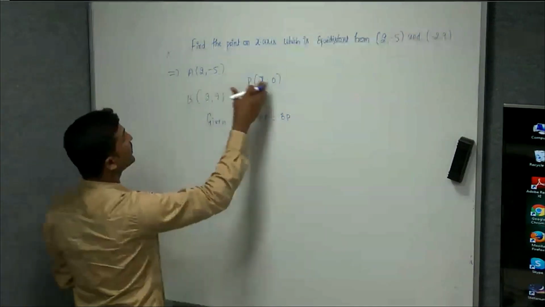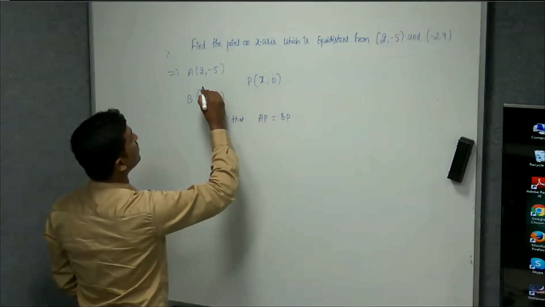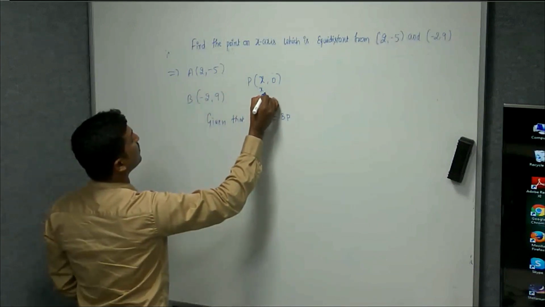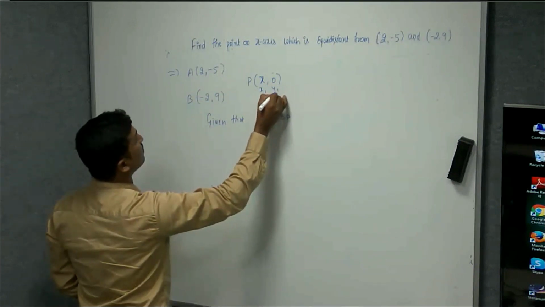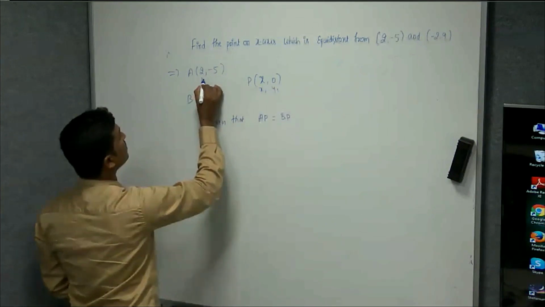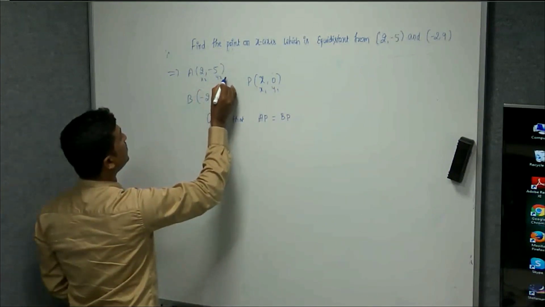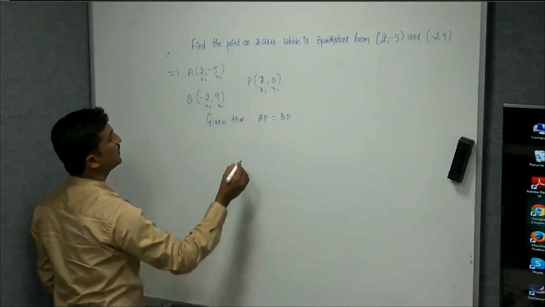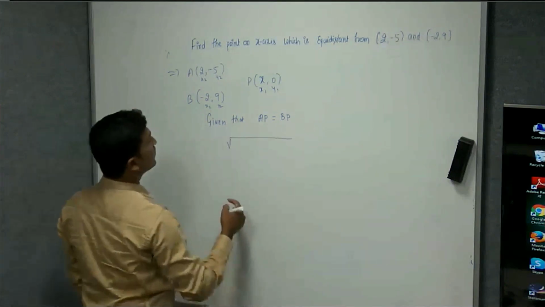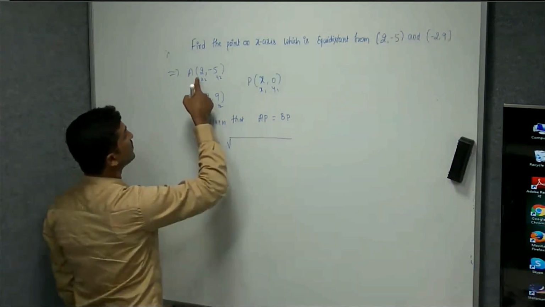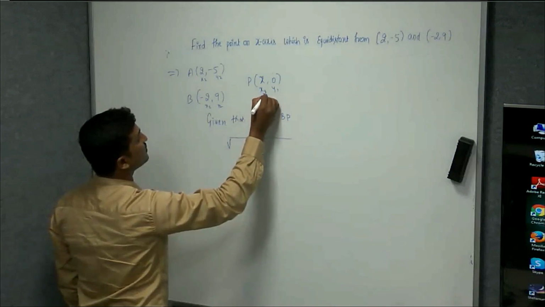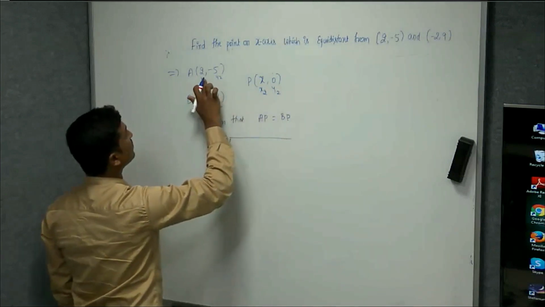Now how to calculate AP? Let us take this one as x1 and y1 for the first case. This is x2, y2, and this is also x2, y2. Okay. So distance AP, x2 minus x1, or you can take this as x2, then it will be very simple for your calculation.